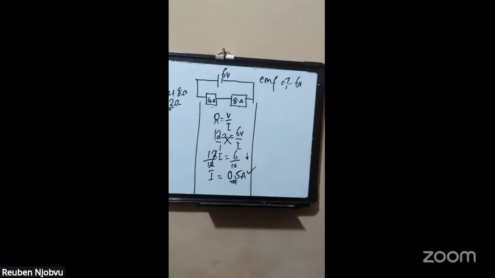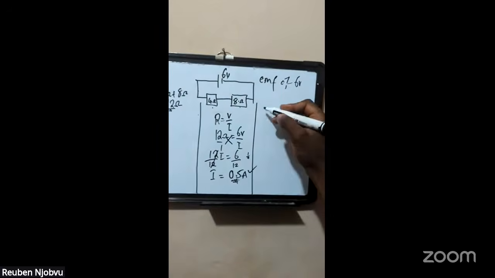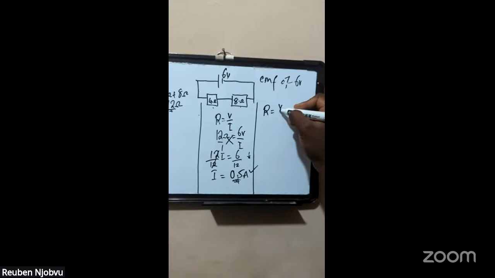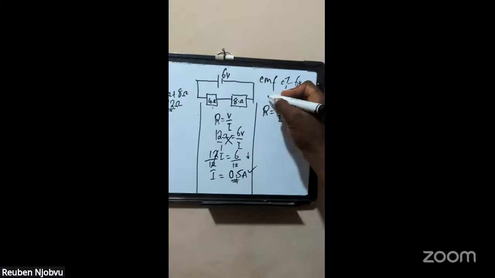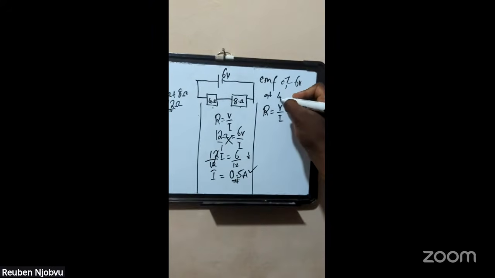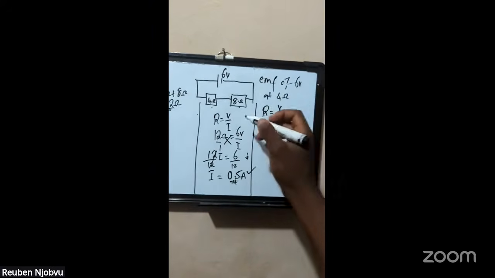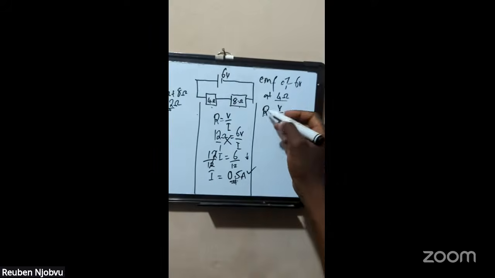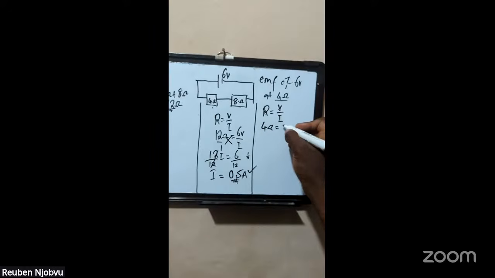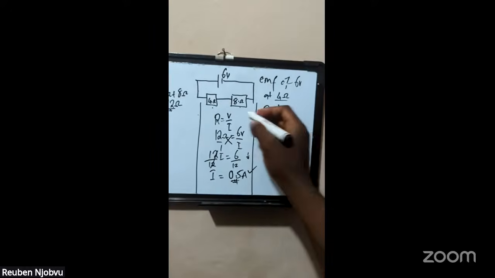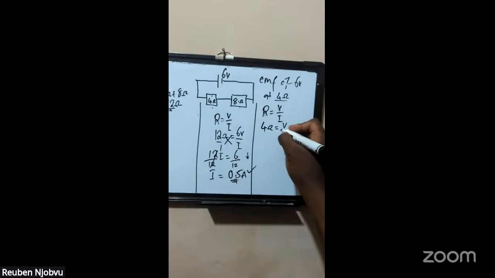So what did we say at first when solving that example? We use Ohm's law: resistance is equal to voltage over current. First, let's find the voltage at the 4 ohm resistor. So what resistance have we been given? 4 ohms. What's the voltage? It's the one we want to find, the PD at this point. Then what is the current?